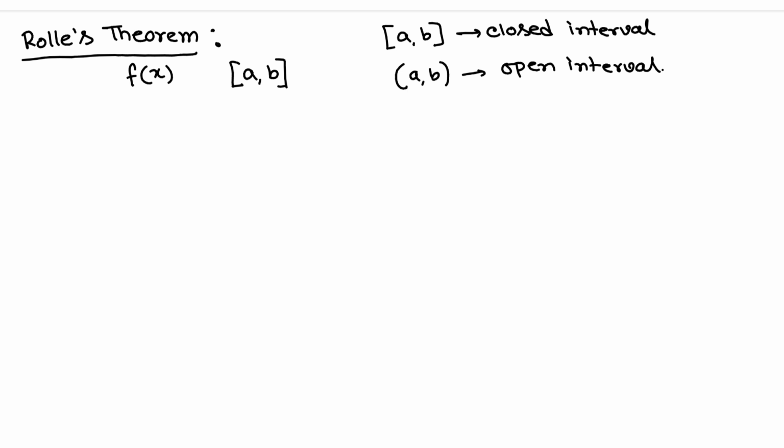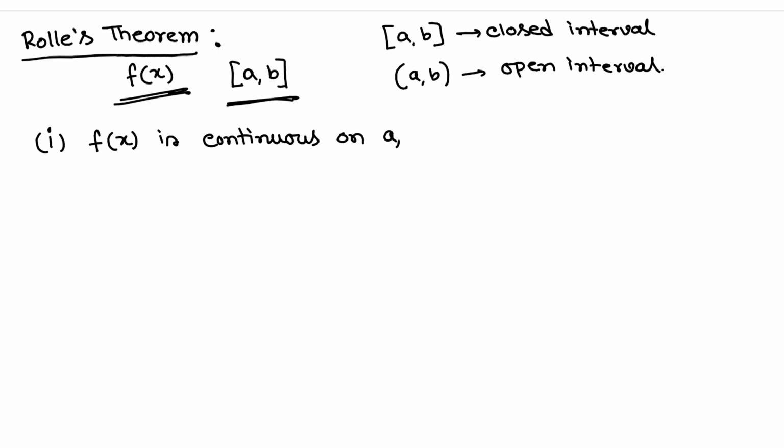Okay, just that difference. So we have a function f of x and a closed interval [a, b]. Now if it satisfies three conditions, first one is f of x is continuous on the closed interval [a, b].